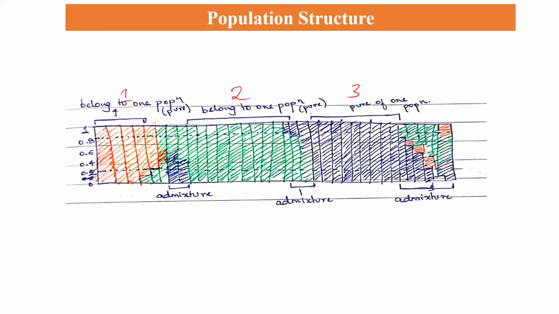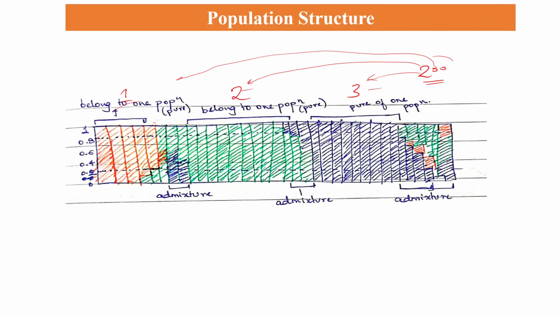If there are 200 individuals, we cannot directly identify which individual is present in the first, second or third population, but based on this graph we can say which individual is associated with a particular population.